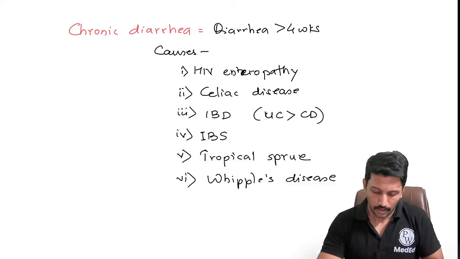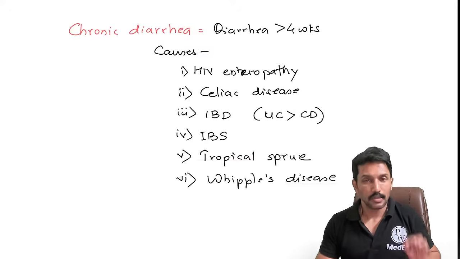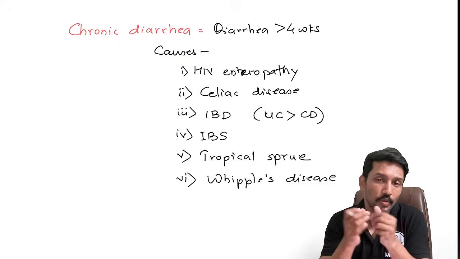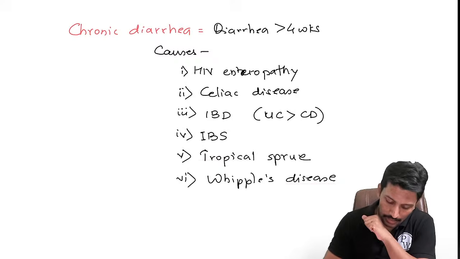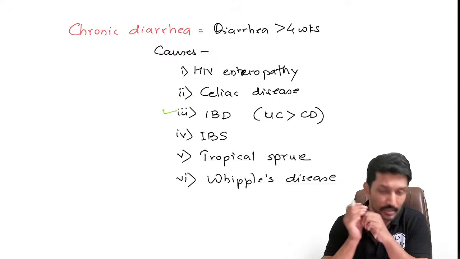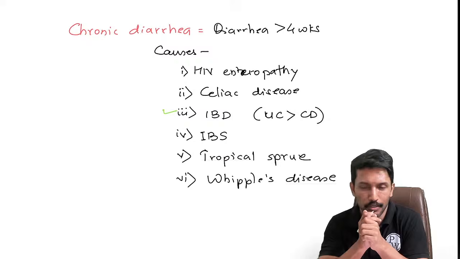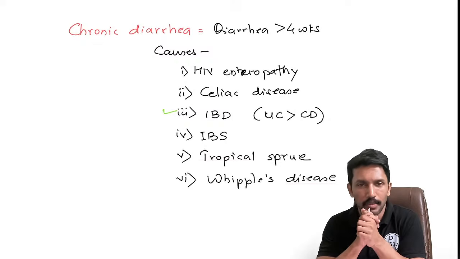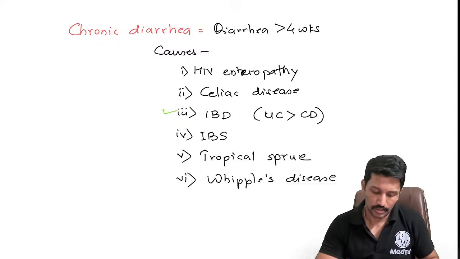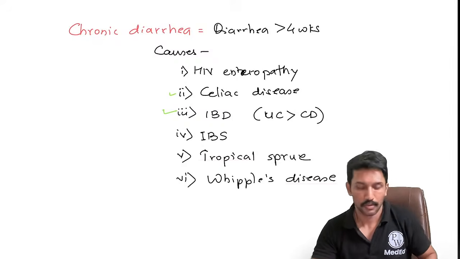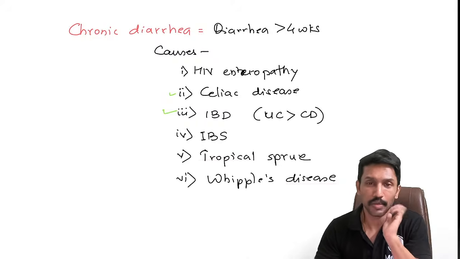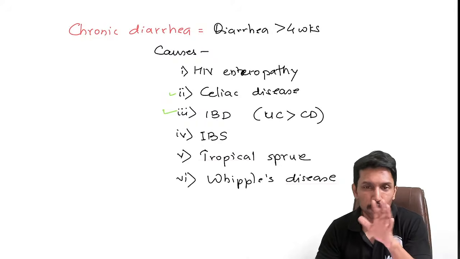Okay. Now, among these, tell me which abnormalities or diseases have histopathological changes. Yes, I can have histopathological changes in inflammatory bowel disease, ulcerative colitis and Crohn's disease. Do I have histopathological changes in celiac disease? Yes. In celiac disease, we will have villus atrophy, crypt hyperplasia and lymphocytic infiltration.